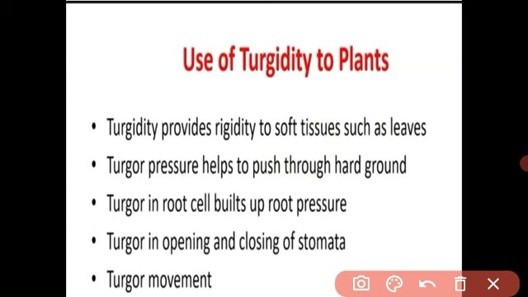When I teach you the next topic, the hormones related to plants, you will understand some important related terms and what process is going on. This is the tropic movement of the plant.